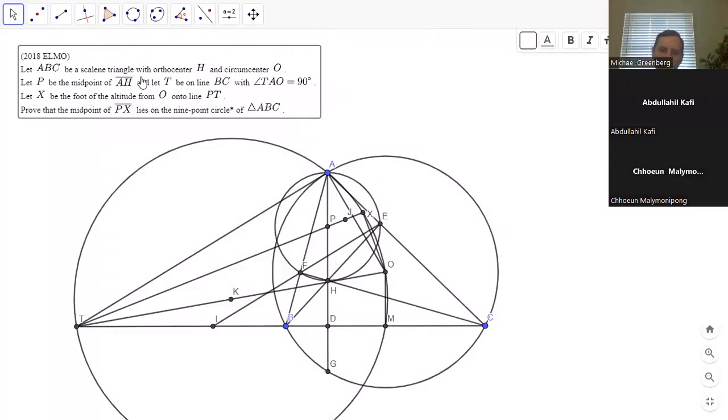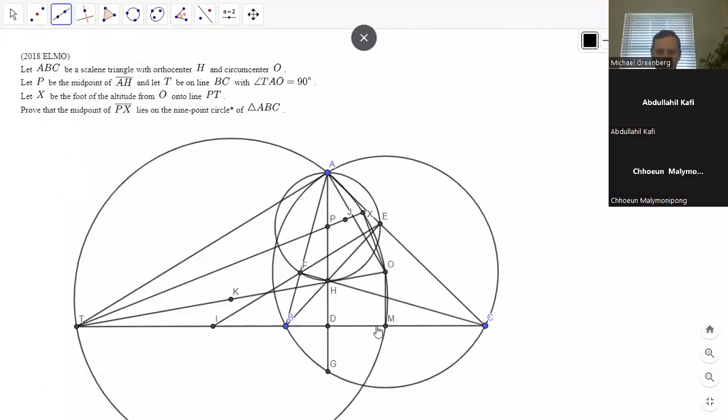So we have J is the midpoint of PX and P is the midpoint of AH. I wonder if, I would be very surprised about this, but I wonder if JM is perpendicular to TP. Let's see.